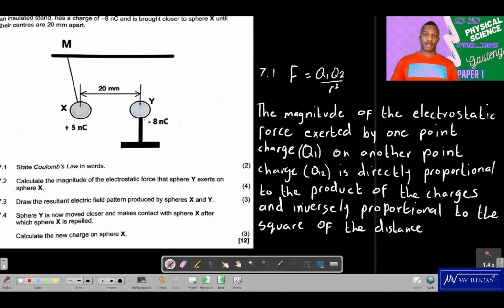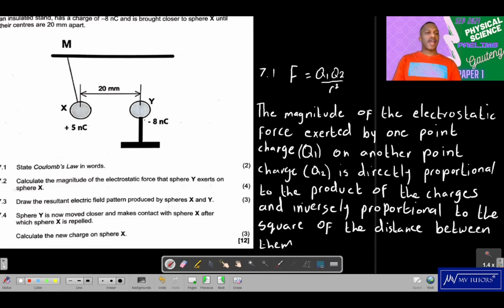That's the r there that we're talking about, squared. That's it. All we did was put this formula in words. The force is directly proportional to the product of the charges and inversely proportional to the square of the distance between them.